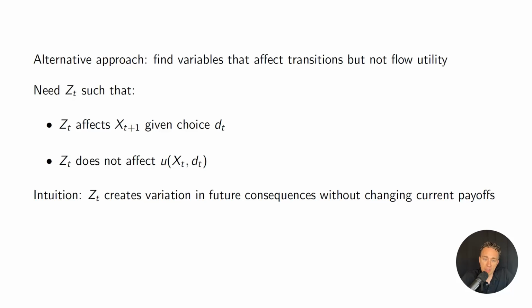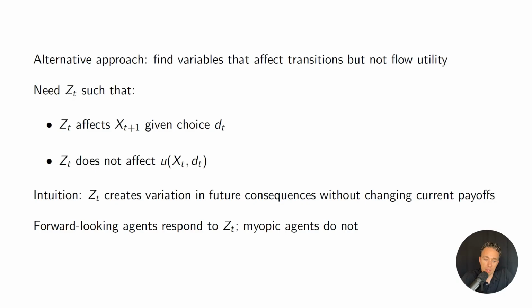So basically this variable z is going to create variation in the future consequences without changing the current payoffs. And so we can tell if somebody is forward-looking or not based on how they respond to this z, or if they respond at all.